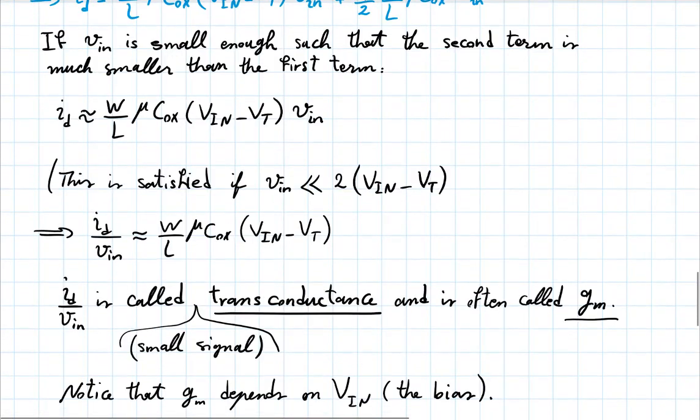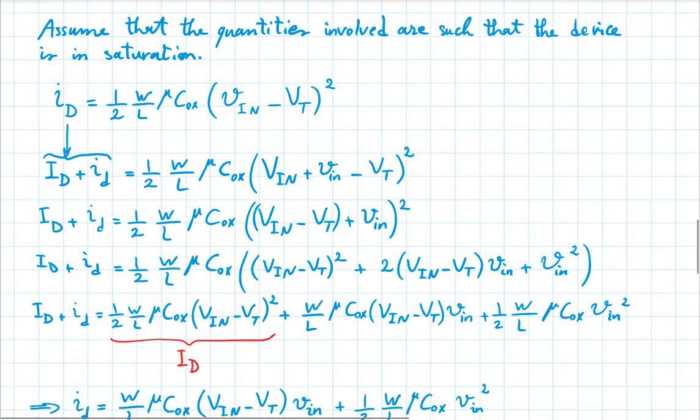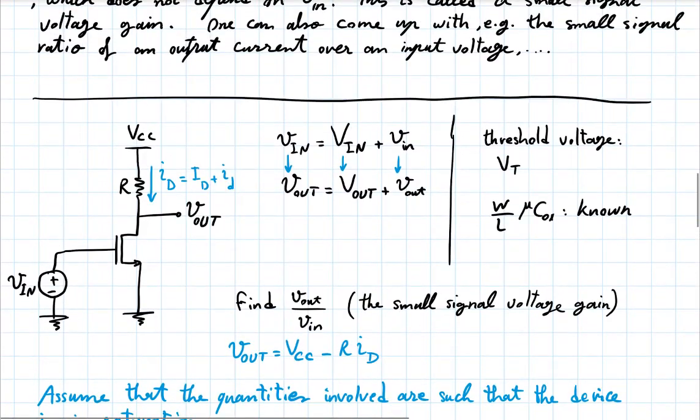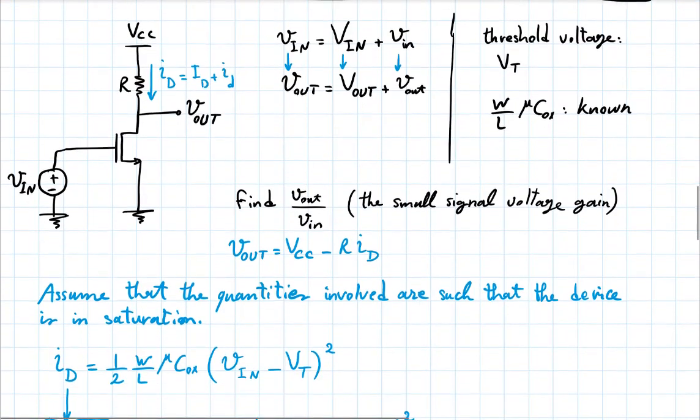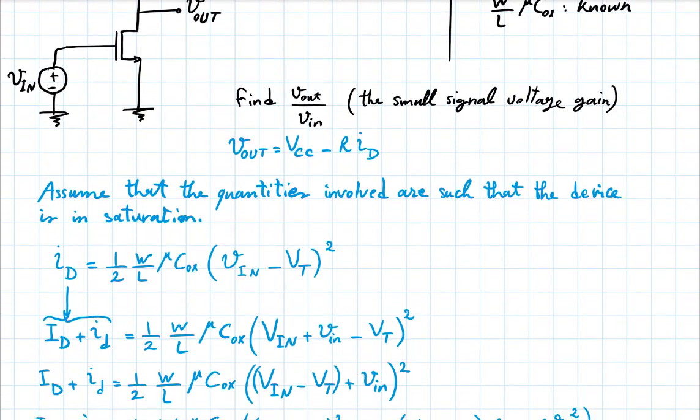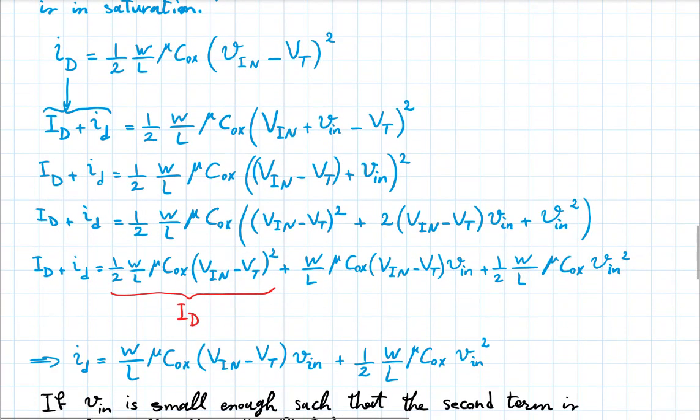Now we've found the ratio of ID over Vn, but what about the ratio of Vout over Vn? Well, let's do the same exercise.